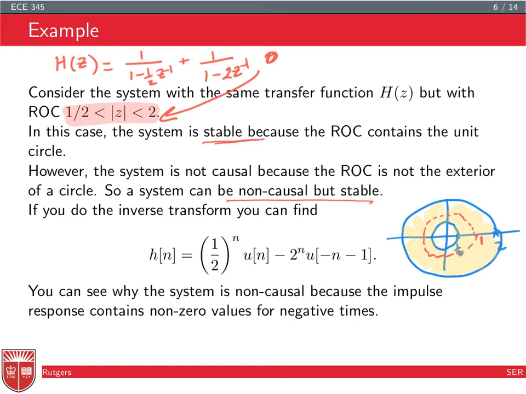This part is left-sided again because it's the interior of the circle at 2, whereas the part with pole 1/2, this one here, is right-sided, and this is why this is the signal. And you can see here that the system is not causal, because it has a positive component for negative time, which is this part here.